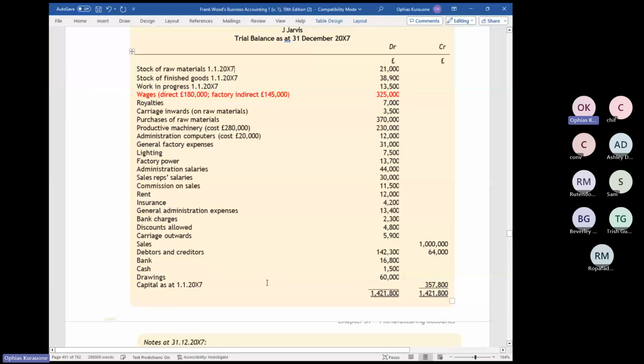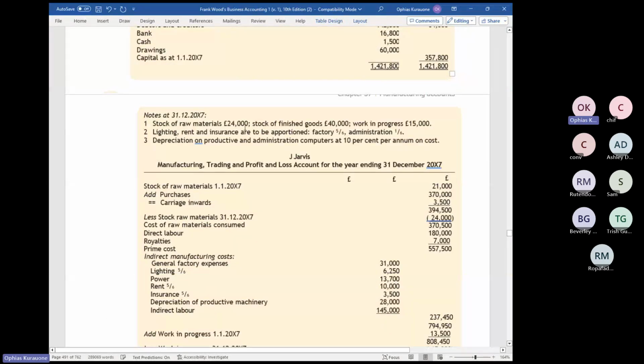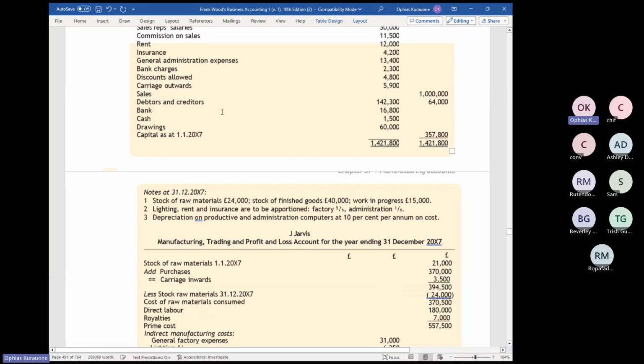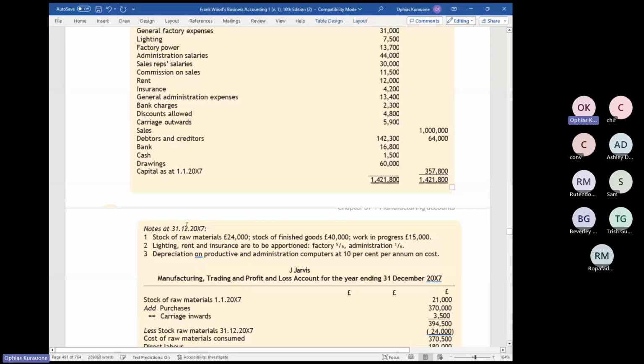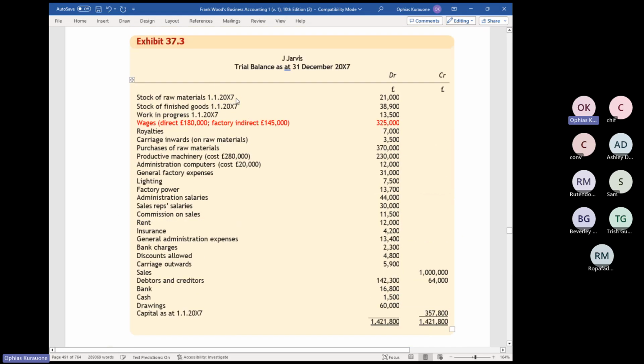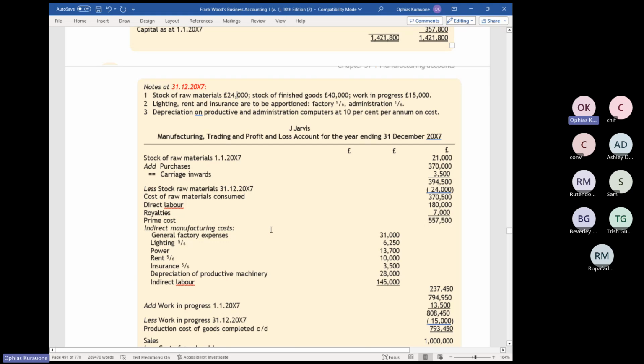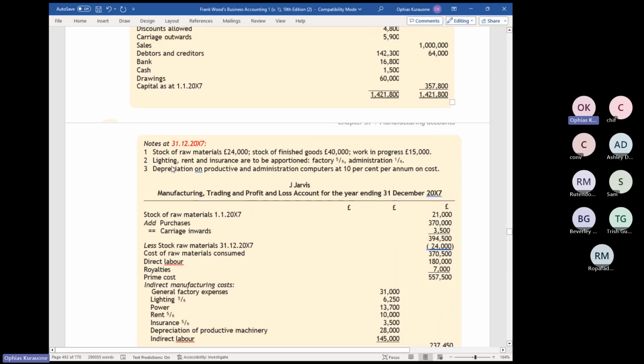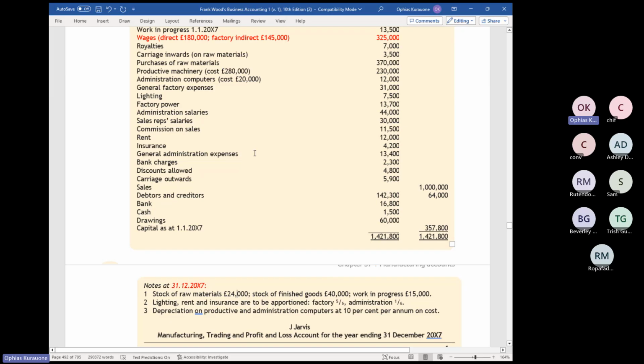Then the stock of raw materials 24,000 at 31/12. The dates are very critical here. You need to be very careful with the dates. So they are saying 31/12, and this is 1/1/2007. So 31/12 means these are closing figures. Make sure that you differentiate the opening figures and the closing figures.